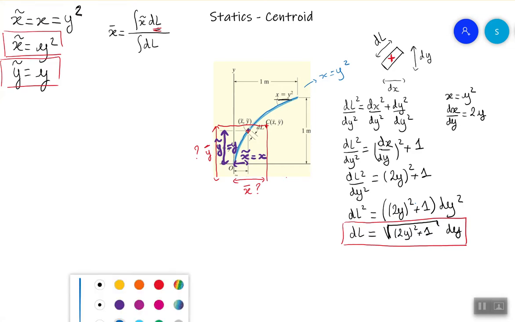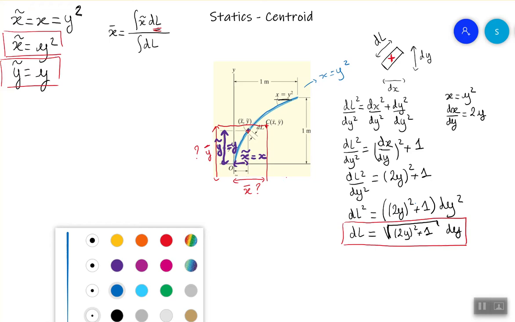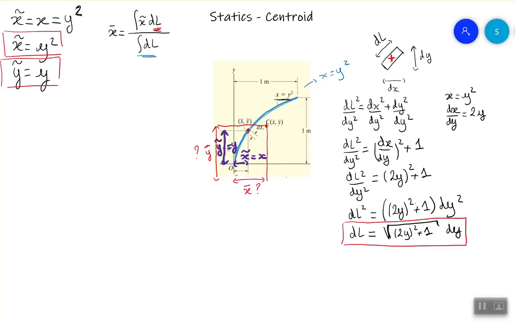The integral of dl is equal to the integral of the square root of (2y) squared plus 1 dy. What are the limits of L?